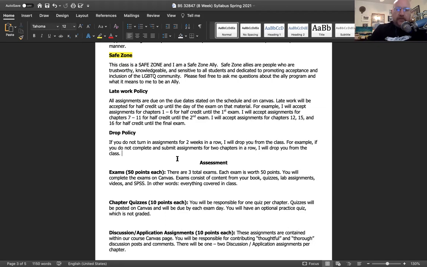That's really the safe zone movement, is to create a space where people who are of the LGBTQ plus, I know all the different orientations that fit into the plus category, I don't mean to exclude you, there's just so many, that I see you, I hear you, and this is a place where you don't have to fear other people because of your sexual orientation, or at least I will play my part in making it a safer place for you. So it's a little more specific than just kind of in general a safe space, although that is also true. I want everybody to feel safe.